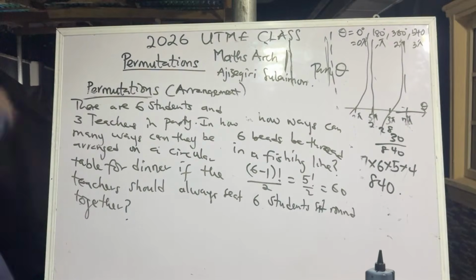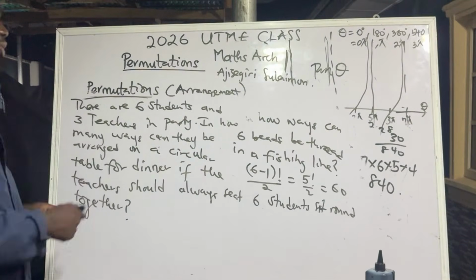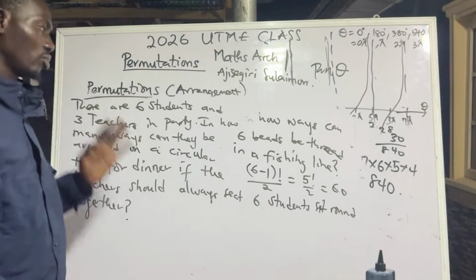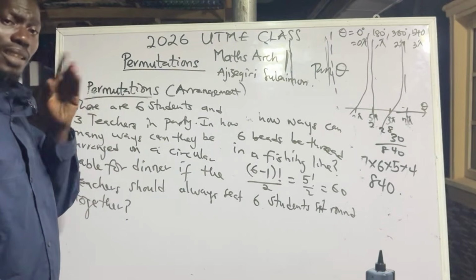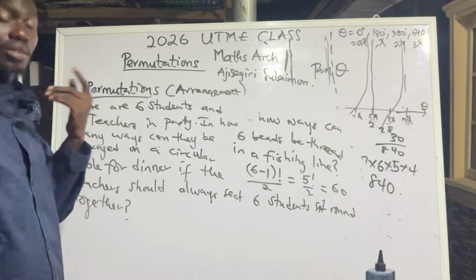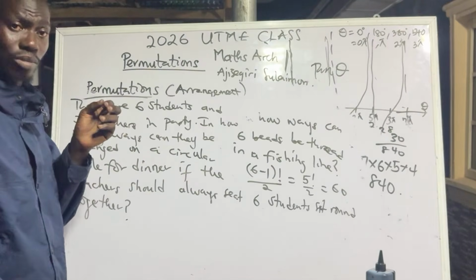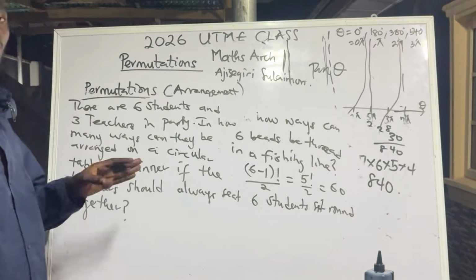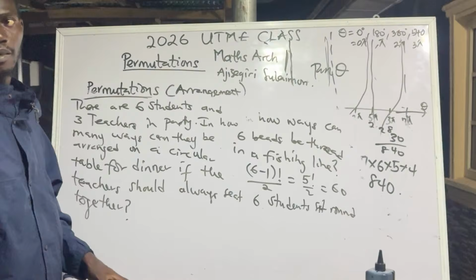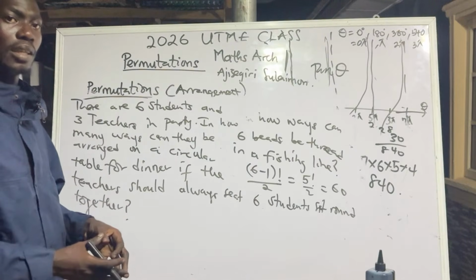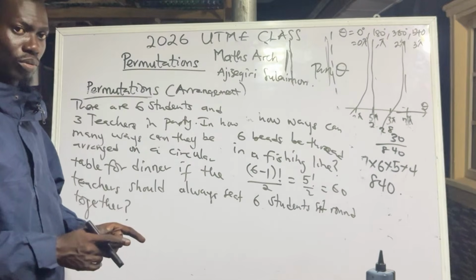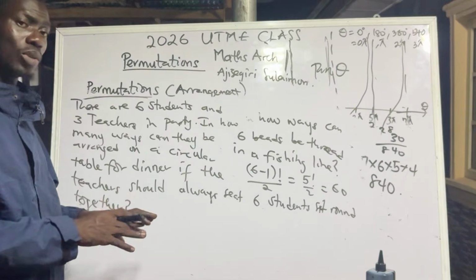Now, listen, there are 6 students and 3 teachers. So how many people do we have altogether? 9. Now, when we're arranging them around a circular object, how many people are actually arranging? 8. But then he said the teachers should always be together, and you remember the concept of being together: you regard them as 1. Those teachers will not be 3 again.